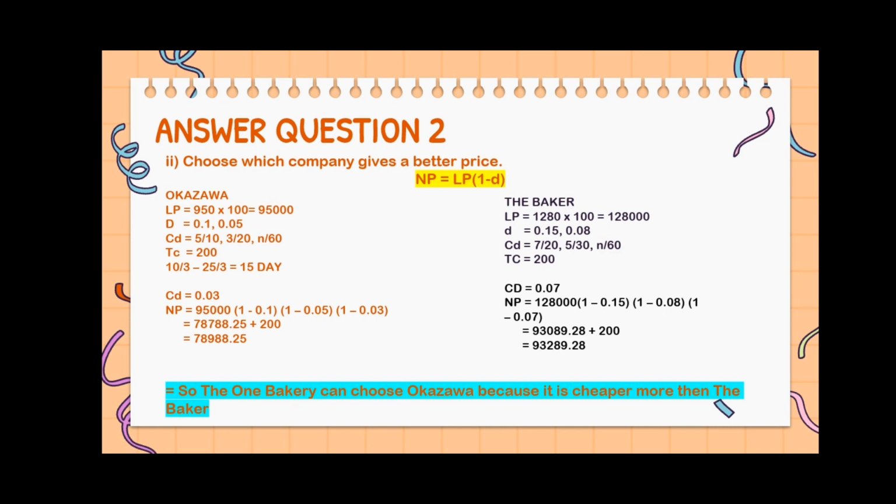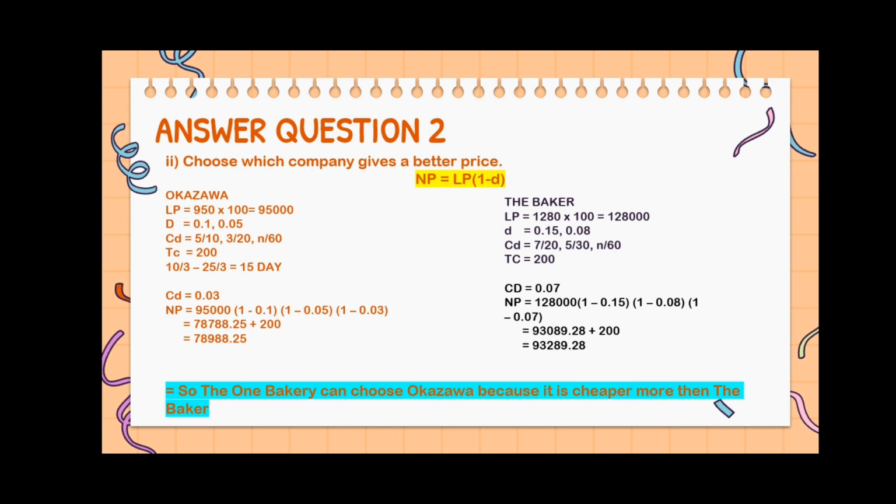Next, how we answer the second question is, first, choose which company gives a better price. So we use the formula NP = LP(1 - D). We find the keywords and get the information from the question. For Okazawa, LP equals 950 times 100.